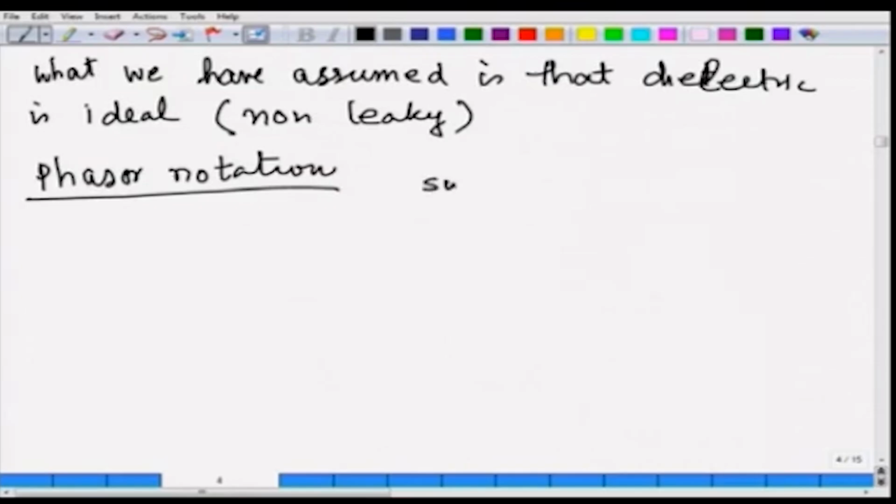Suppose V is the voltage that we have applied, an AC field, equal to V naught, which could be a spatially dependent quantity, times e to power j omega t.